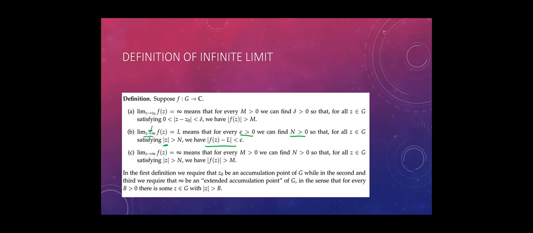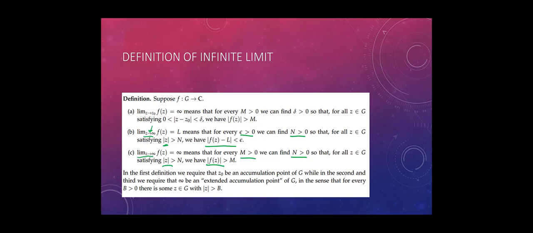Okay. And then finally C, we say that the limit as z approaches infinity of f of z equals infinity means that for every M greater than 0, there's an N greater than 0 such that if the length of z is bigger than N, then the length of its output is bigger than M.